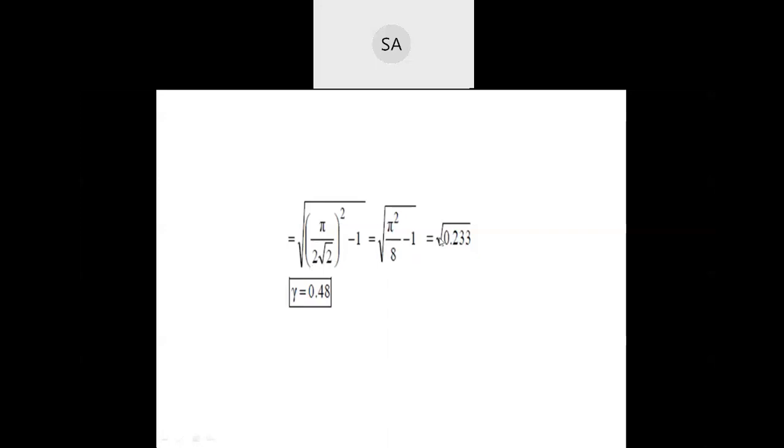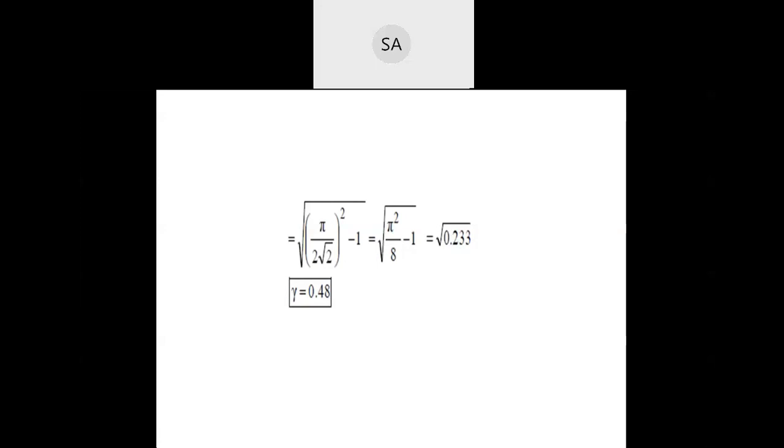After calculating this one, you will get root of 0.233, so the ripple factor is 0.48. That means in the half-wave rectifiers, the ripple factor is 1.21 we got. That means 121 percent of AC component is present in the DC.